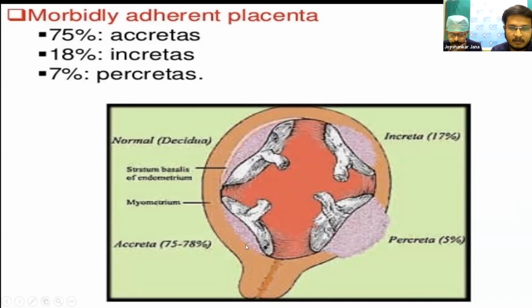In increta, the chorionic villi invade the myometrium, and in placenta percreta, it invades the myometrium completely, breaches the serosa layer, and adjoins the surrounding organs. The most commonly involved organs are the bowel, bladder, and ureter.